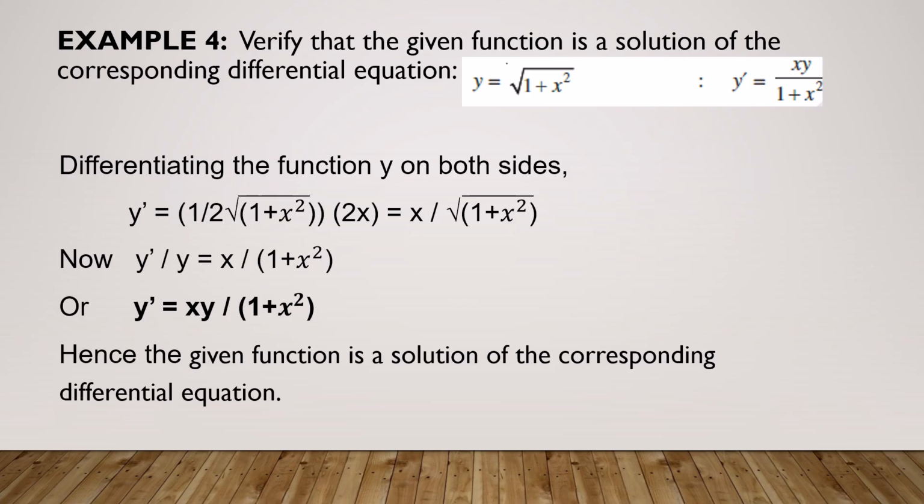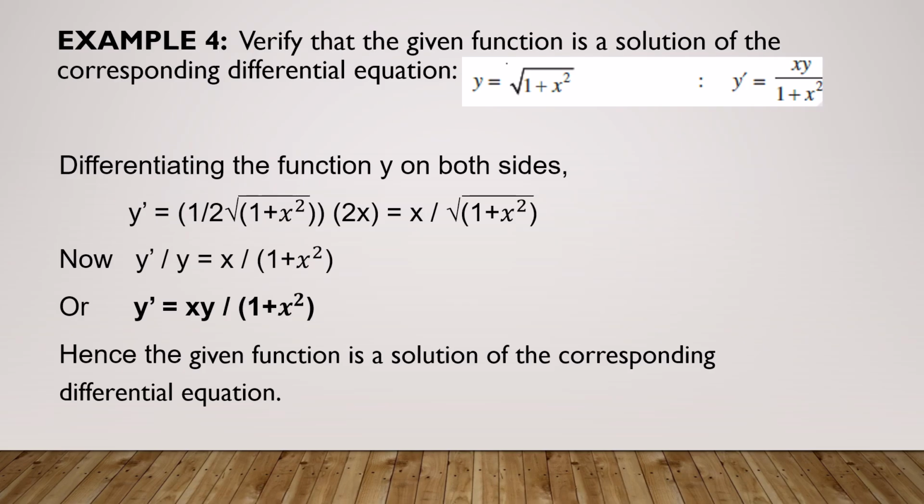Correct? Now see, the differential equation given in the question on the right hand side is y dash is equal to xy upon 1 plus x square. So from this you know that y dash upon y, you just divide both the sides by y. That means what you will be getting is y dash upon y will be equal to, on the right hand side, x upon root of 1 plus x square divided by root of 1 plus x square.